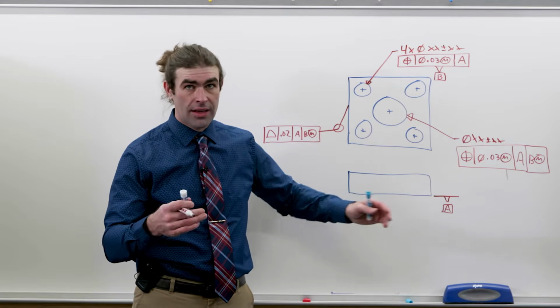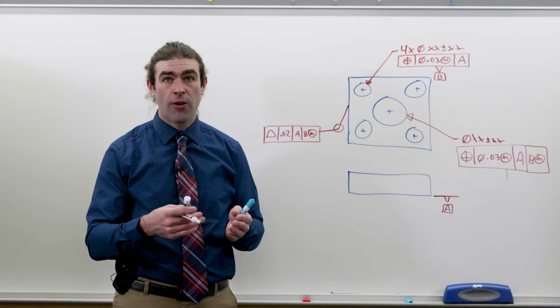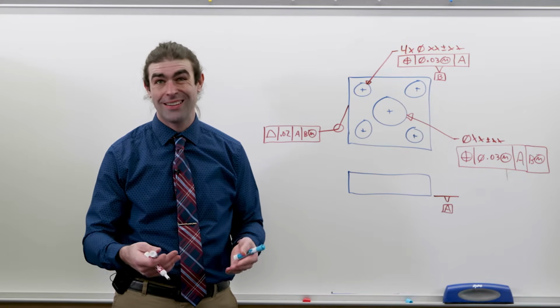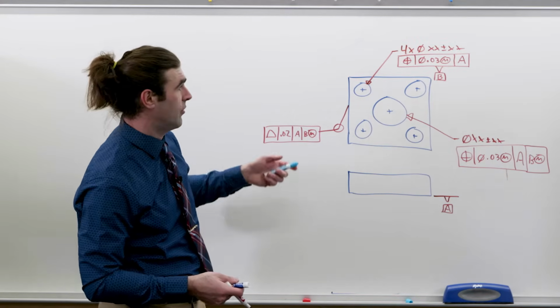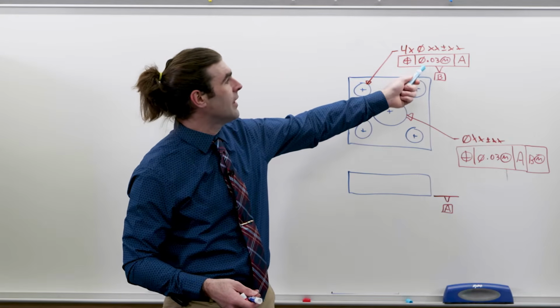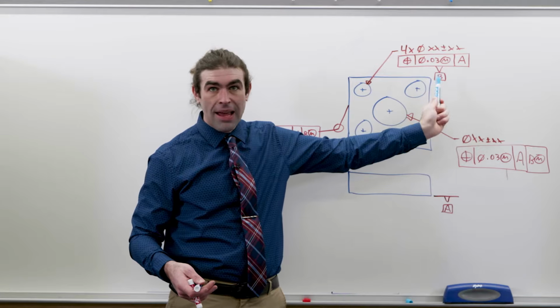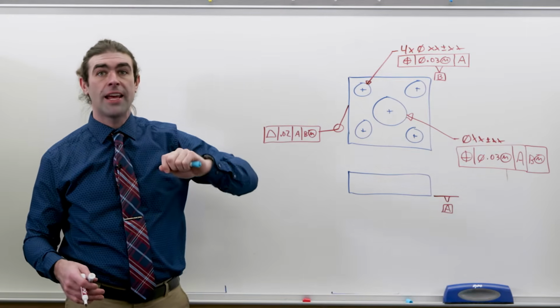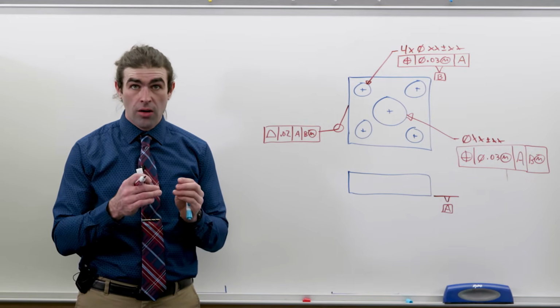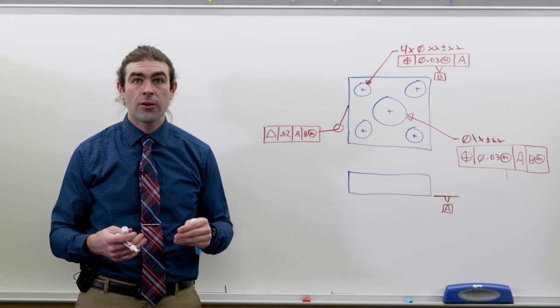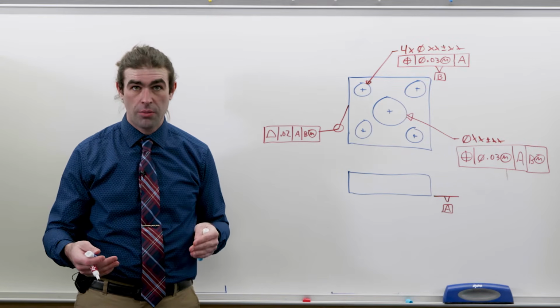Perpendicularity wouldn't have anything to say about how far the holes are from each other. We need to use position for this application. So position, diameter 30 thousandths MMC to datum A, but this pattern establishes datum B. And then all of the other features of the part are going to be relative to the pattern.